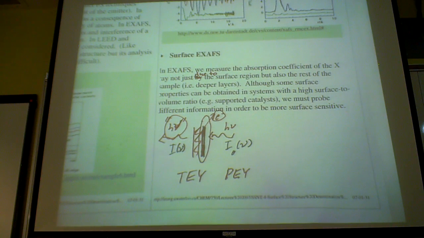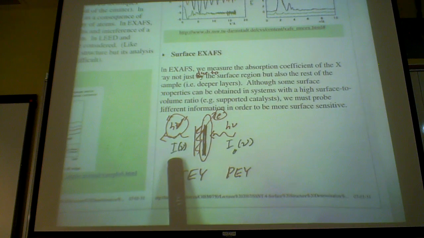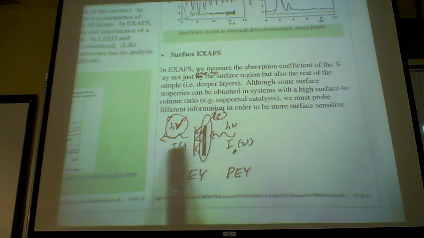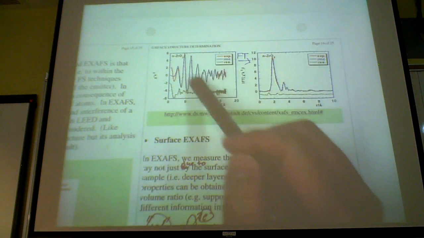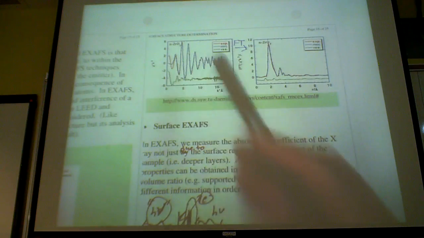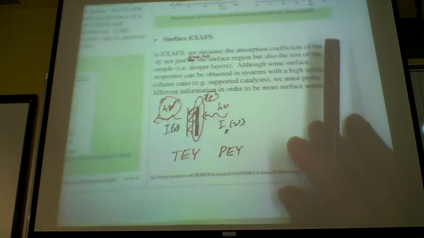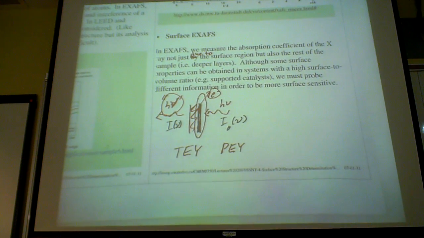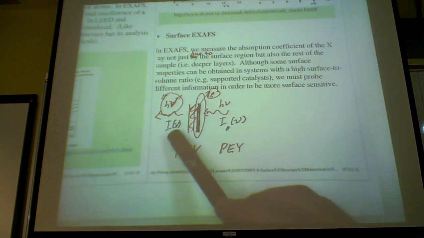I just need to measure something that's proportional to this, right? Because I don't really care about the absolute number between these two, because all I want is the chi curve, because I have to cut out my background anyway. So I can use any signal, any signature from the material after this excitation that I know is proportional to my photon intensity.